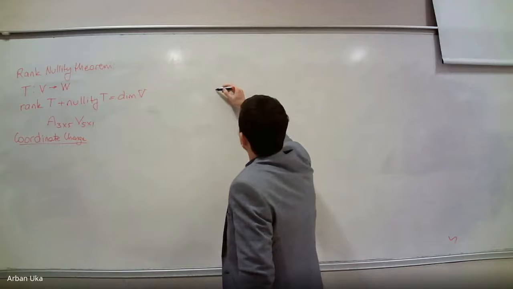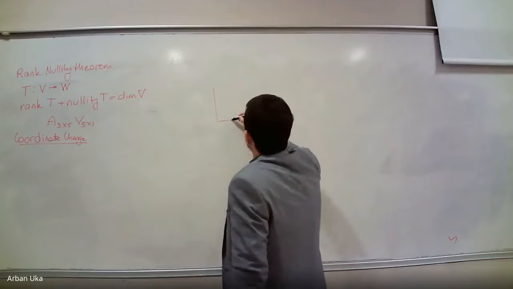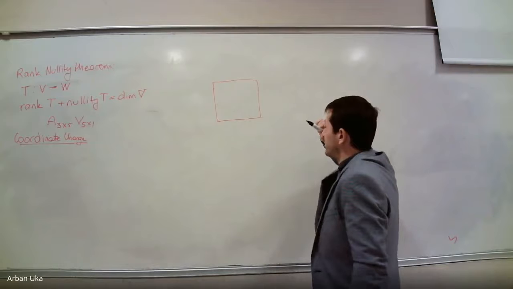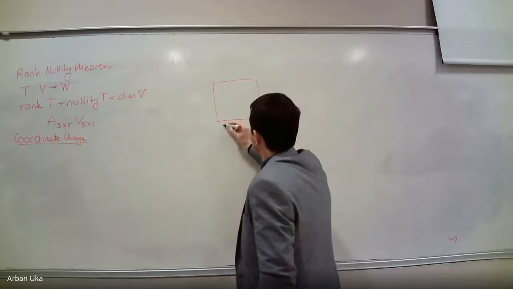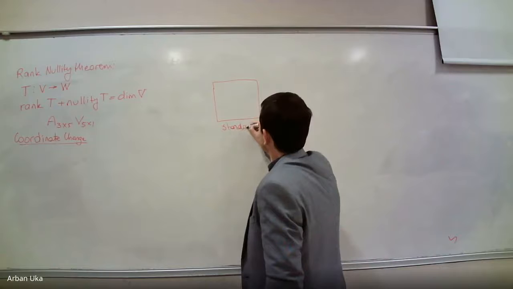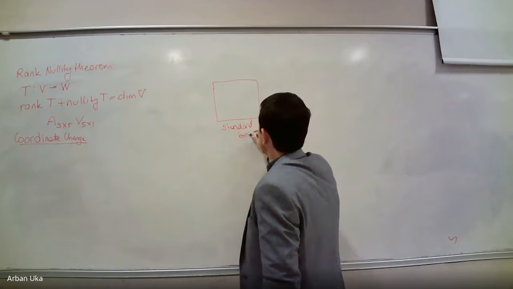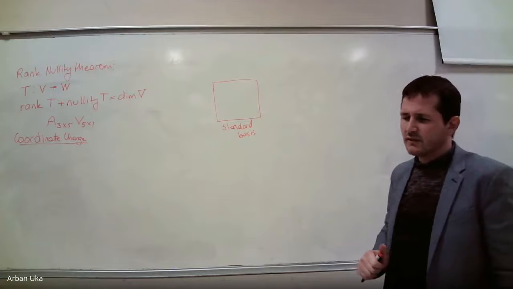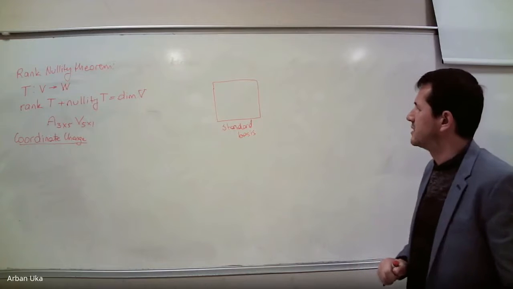The general idea is the following. We have a basis which is considered the standard basis. We talked about the standard basis in the first session, so I believe it is clear.